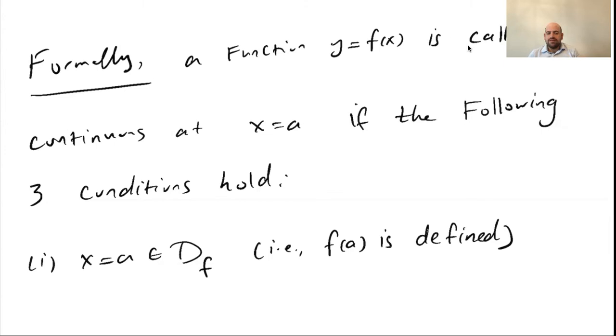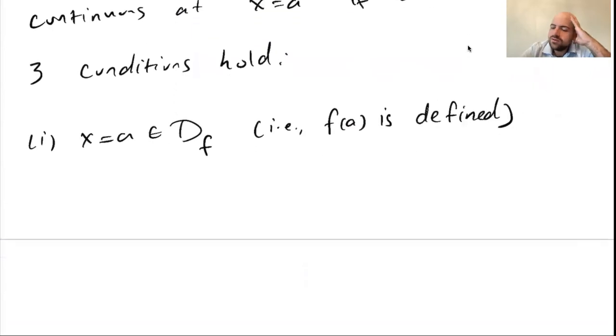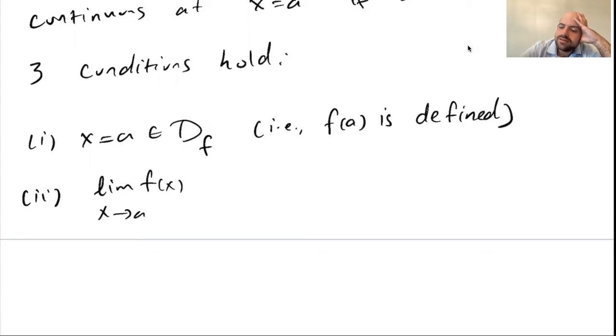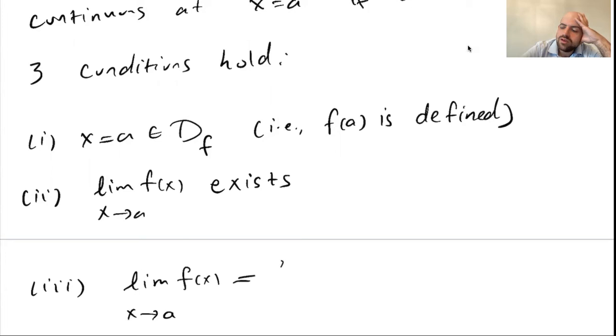But here for continuity, we require the point to be a part of the domain of the function. So that's the first condition. And then the second condition is that the limit of f of x as x approaches a exists. And the third condition is that the limit of f of x as x approaches a must be equal to f of a.